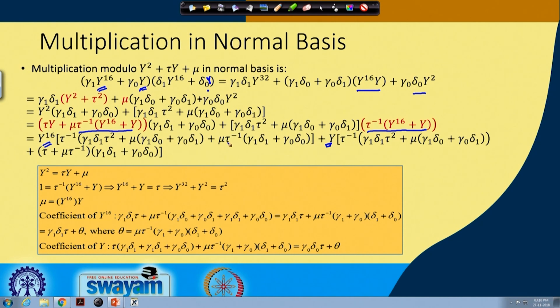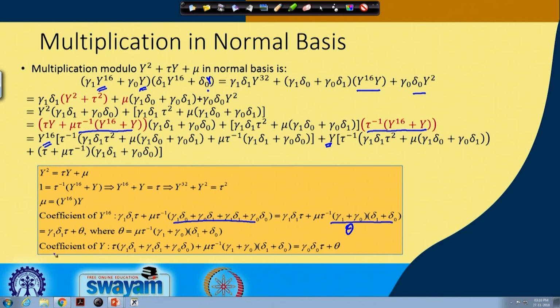So I can take mu tau inverse common from here, and I have got this as gamma 1 delta 1 plus gamma 0 delta 0. Okay. So now you can actually easily see that this can be rewritten as gamma 1 plus gamma 0 into delta 1 plus delta 0. So this part you can simplify as here. Okay. And therefore you get the final result, which you can simply denote as gamma 1 delta 1 tau plus theta. Okay. And this theta is nothing but this part, that is essentially this is your theta.